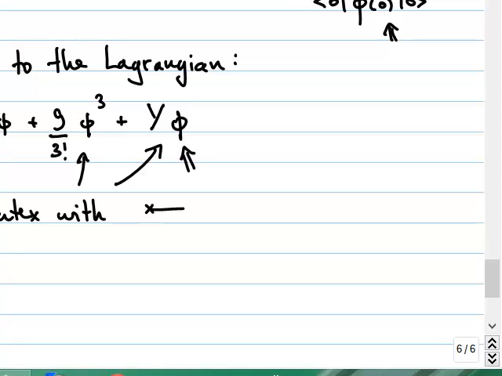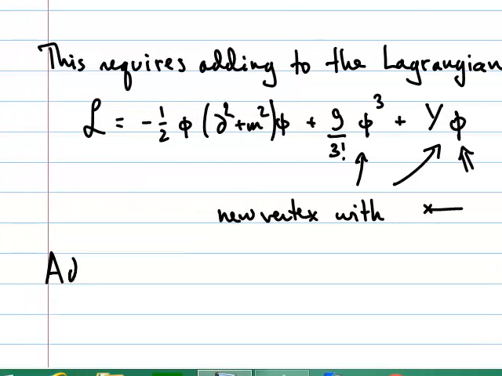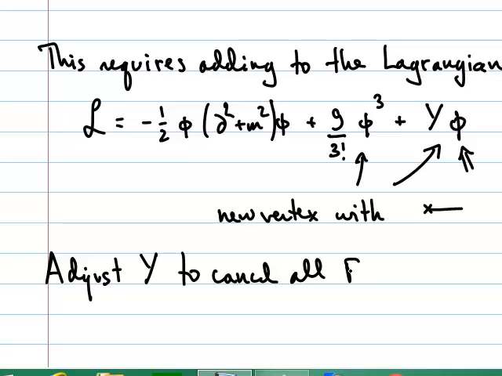And so what we can do then is just adjust the value of y to cancel all of the Feynman diagram contributions from, say, the cubic interaction. Okay. So from the other diagrams.